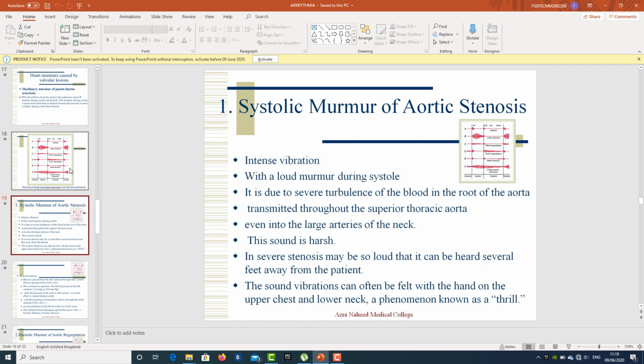Systolic murmur of aortic stenosis. There is intense vibration with a loud murmur during systole, and it is due to severe turbulence of blood in the root of the aorta, which is transmitted throughout the superior thoracic aorta, even into the large arteries of the neck.